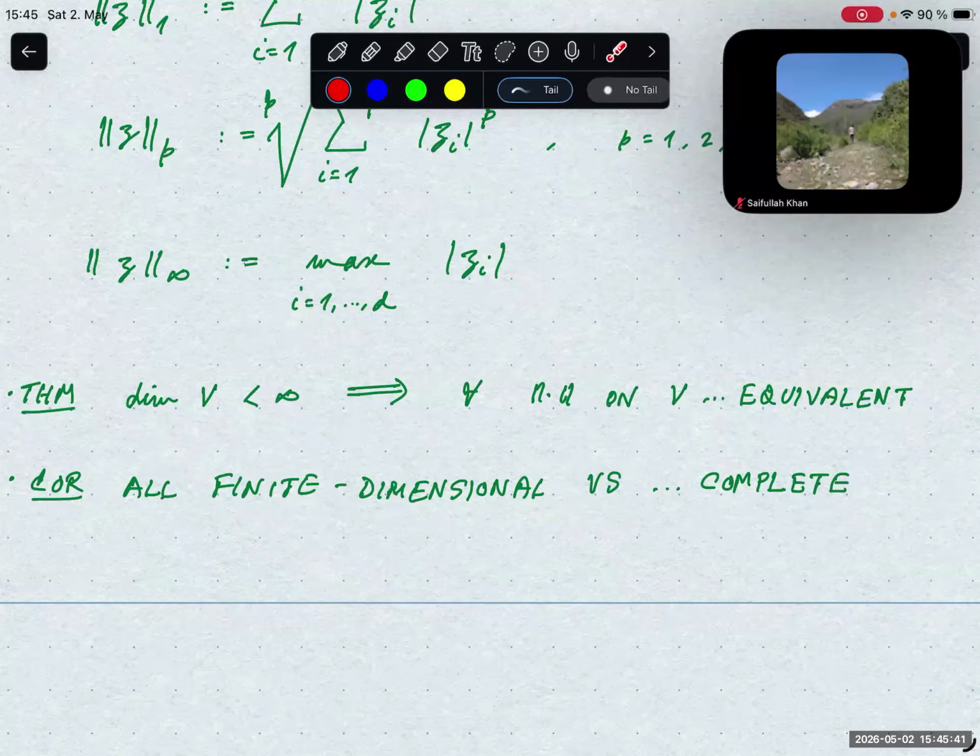This can happen. For instance, in quantum physics, one instance is the difference between quantum mechanics and quantum field theory.